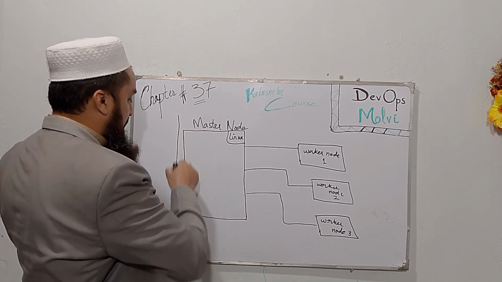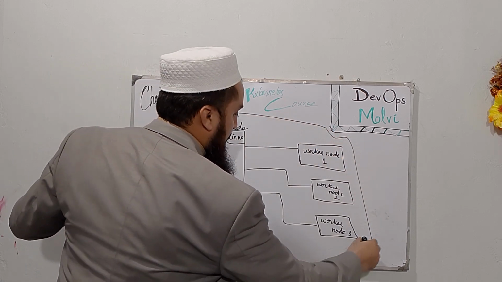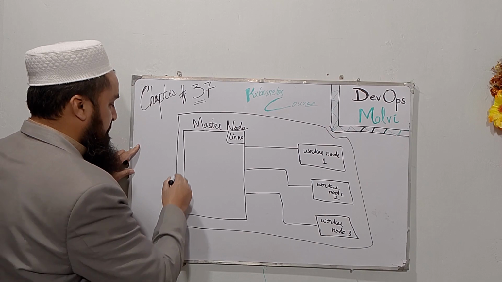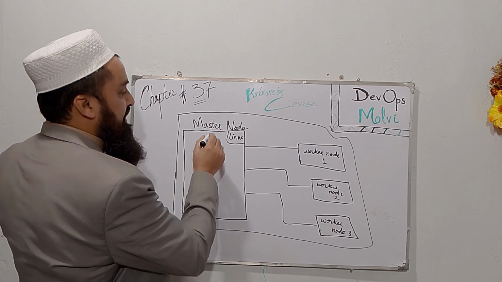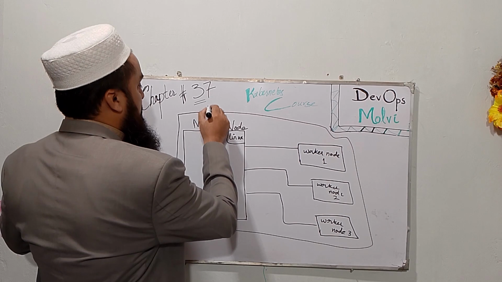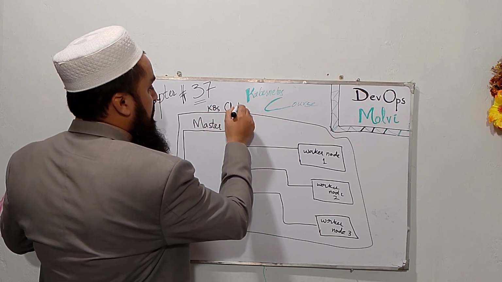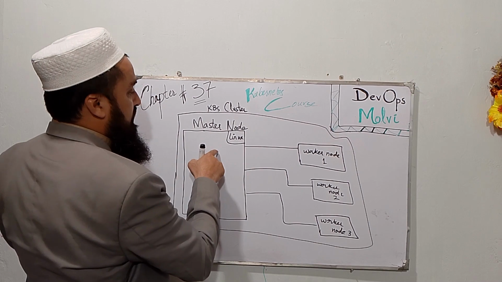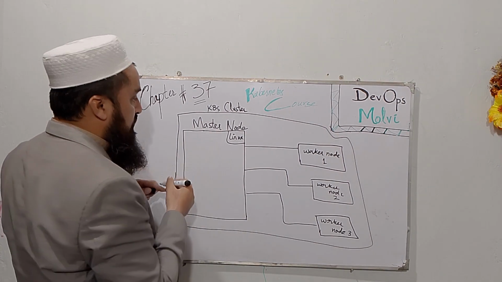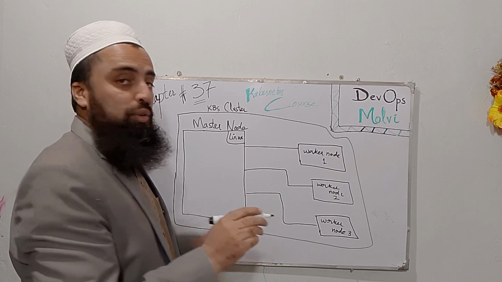Now that whole thing is known as a Kubernetes cluster. So this cluster contains one master node and 3 worker nodes. So this is my K8 cluster. You don't have to worry about node.